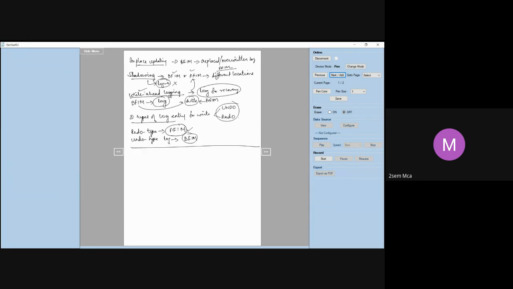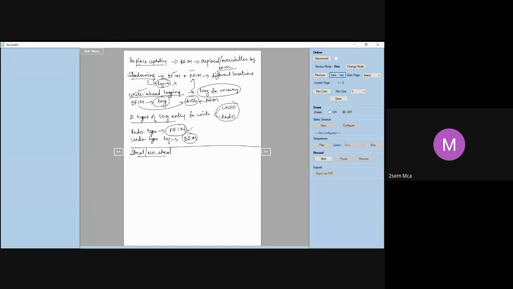Now, a couple more recovery terminologies. Let us see what steal and no steal are. What do we mean by steal and no steal? Any idea? These are some of the important terminologies under recovery techniques that you should know.